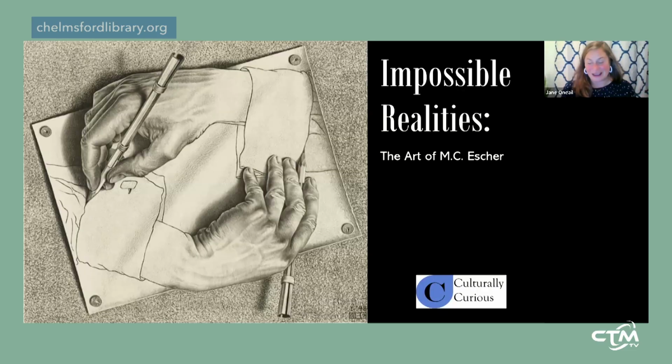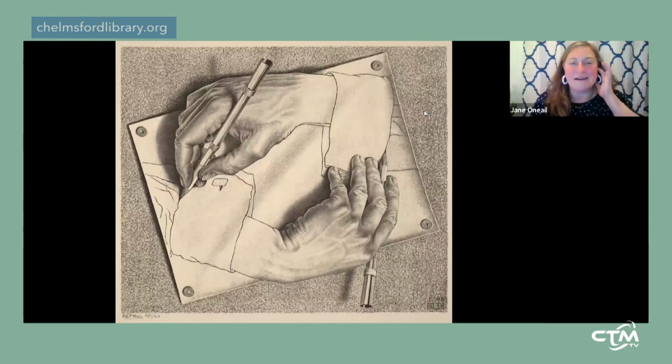And since we're looking at them right now, let's just spend a moment here to start off with these beautiful hands, this impossible drawing here that I think just kind of dazzles the eye. This is a 1948 lithograph, and we can see that paradoxically, these two hands are drawing each other into existence.